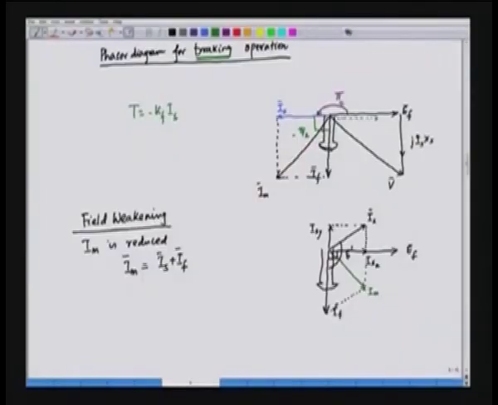So, if we make this angle quite large, this is the angle which is delta prime, and when this is made large, Is has got two components, one is Isx and Isy, and Isx is along Ef, or it is in the q axis. This is the q axis, and this axis is the d axis.